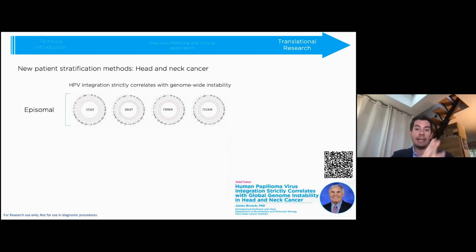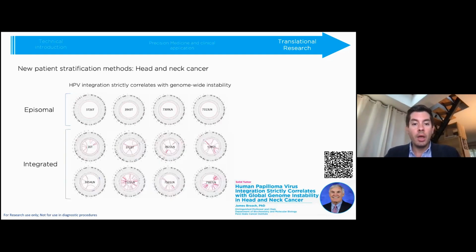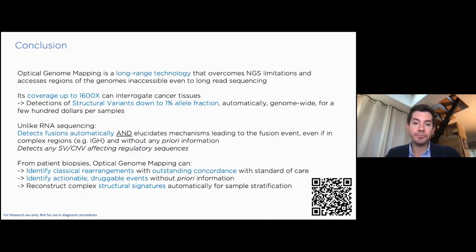In head and neck cancer, HPV insertion can cause extensive chromosomal rearrangement as well, and optical mapping clusters patients into two groups: those with an episomal form of the virus, which display very minimal levels of rearrangements, and those with an integrated form of HPV, showing a much higher level of instability.